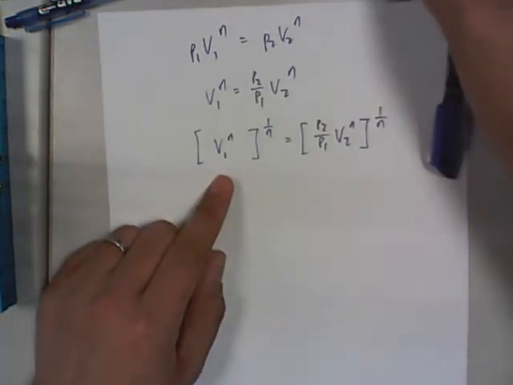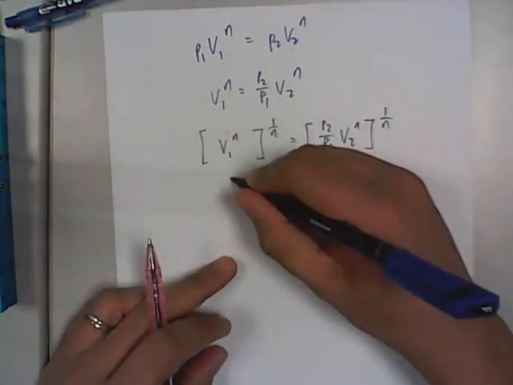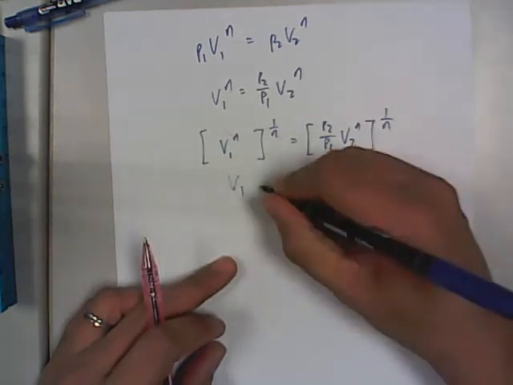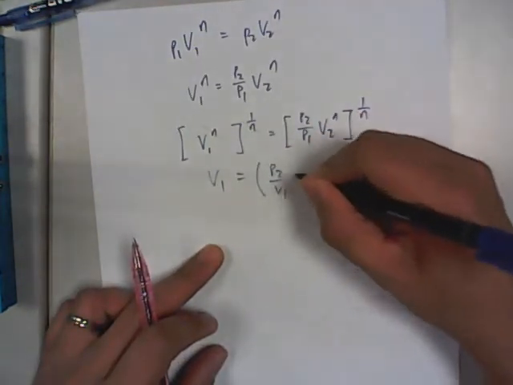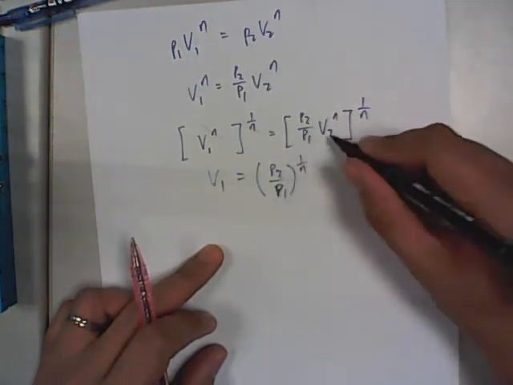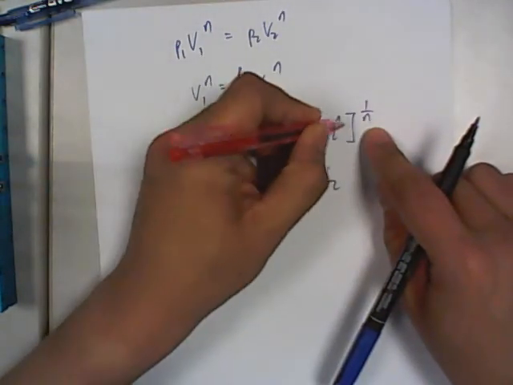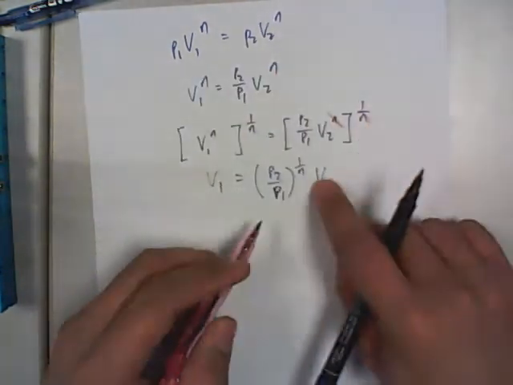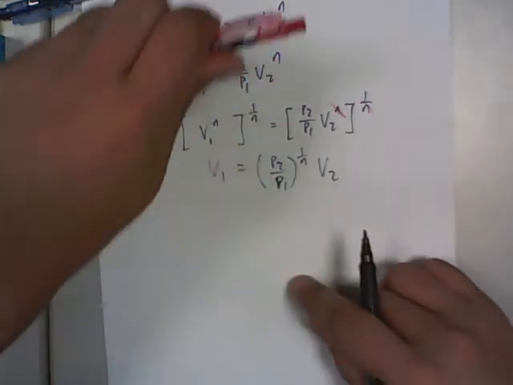So this is what happens. Because of this, your power will cancel out and only V1 will remain. And the other side, you can write like this: P2 over P1 to the power of 1 over n, and this will cancel with this, and you become this. So this is how you find the volume.